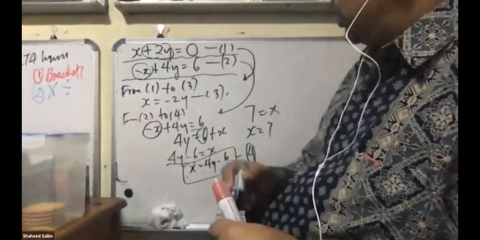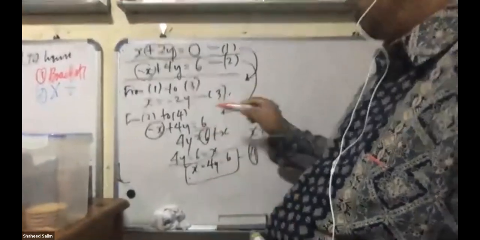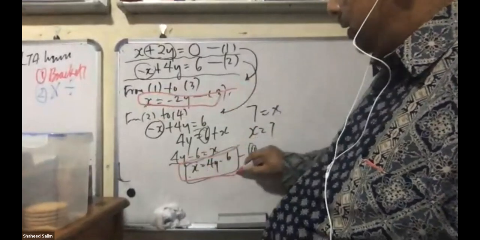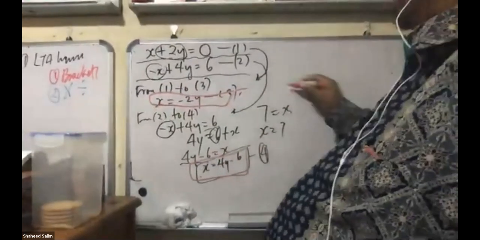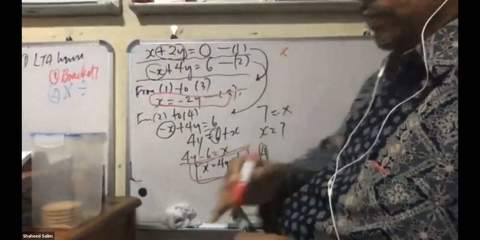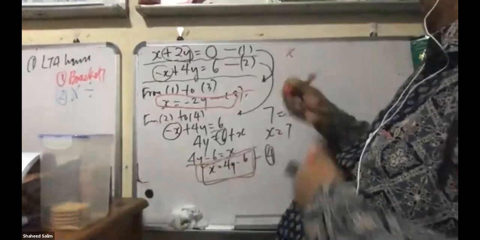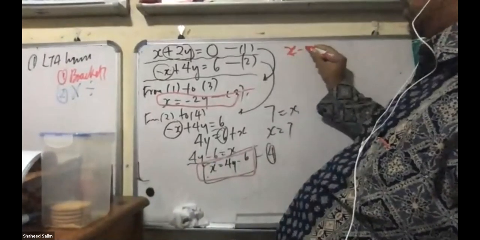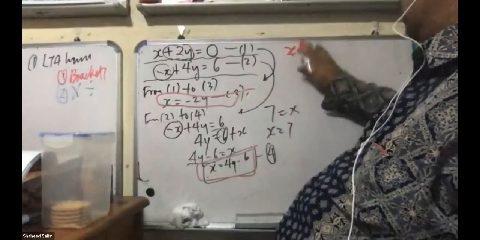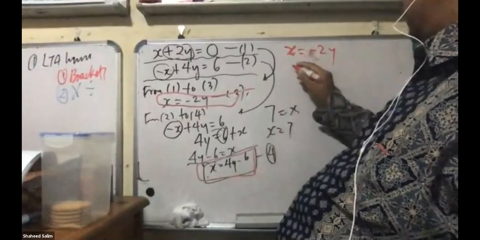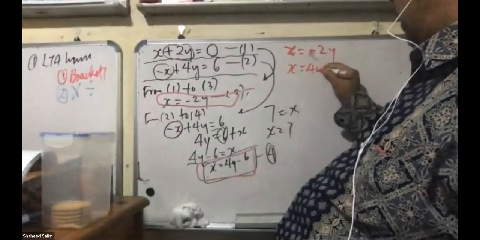Now, the two different equations are number 3 and number 4. Let us write equations 3 and 4 side by side. Equation 3 is x equals minus 2y. Equation 4 is x equals 4y minus 6.